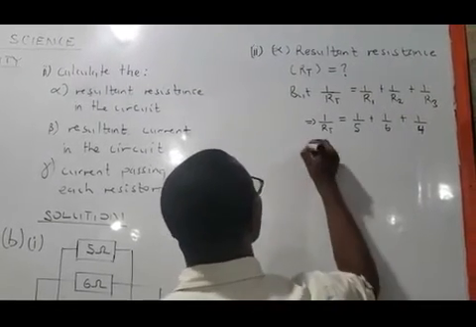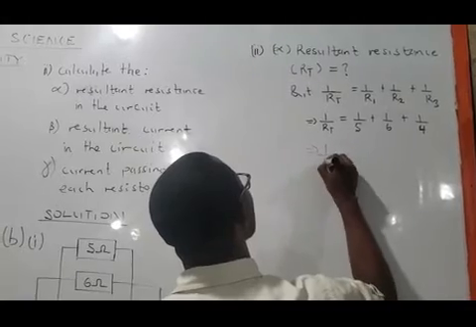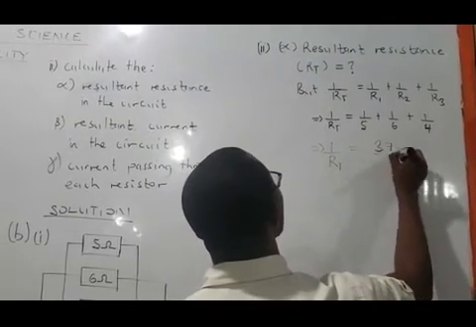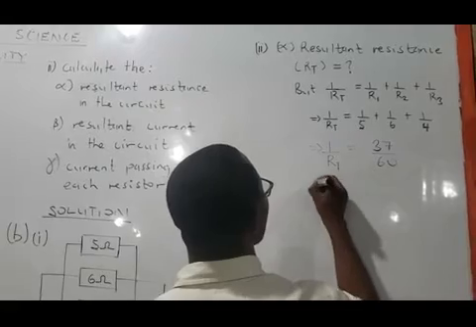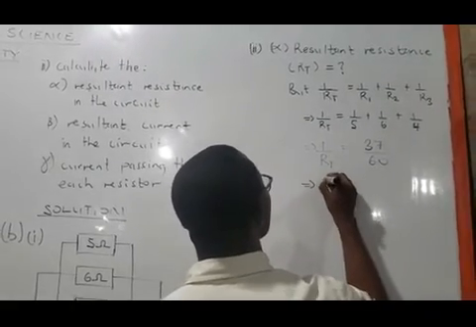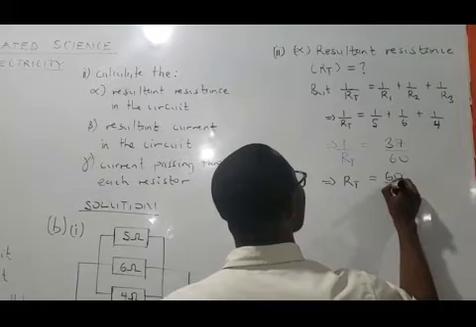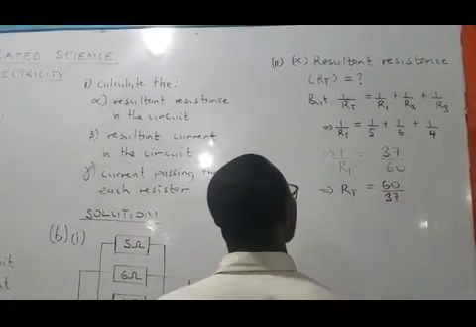That gives 1 over RT is equal to 37 over 60. So your RT becomes 60 over 37.